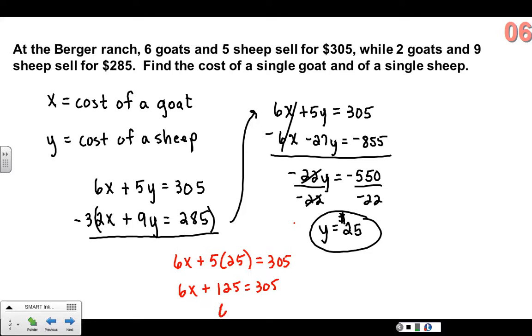Subtract 125 from both sides. 305 minus 125 is 180. If I divide both sides by 6, I get 30. So the cost of a goat is $30. So let's make our answer a statement here. The cost of a goat is $30.